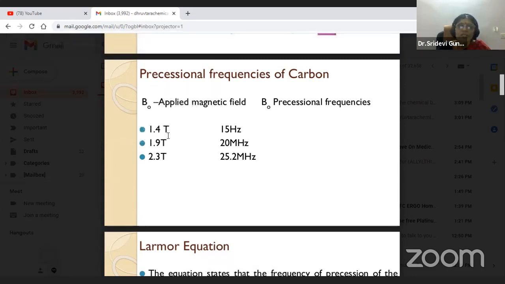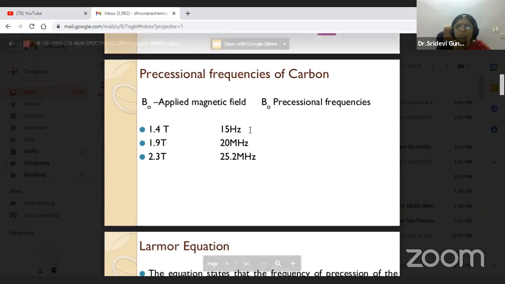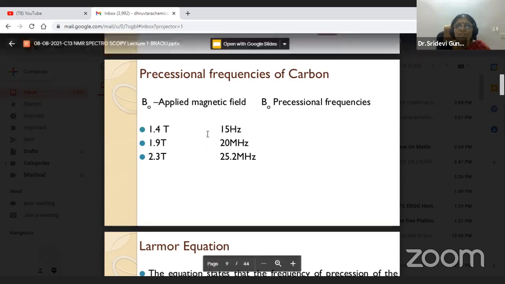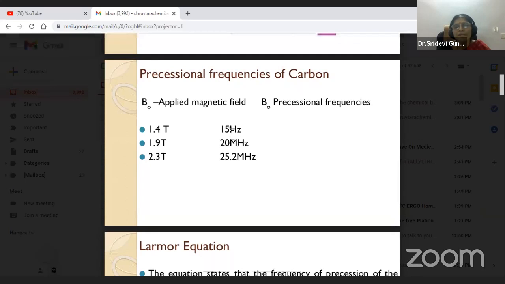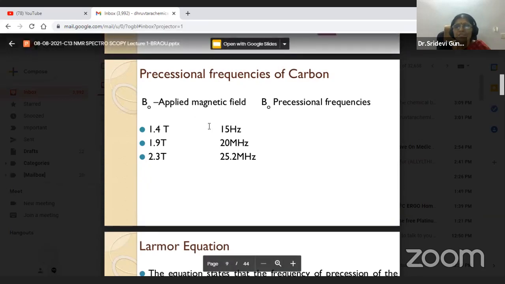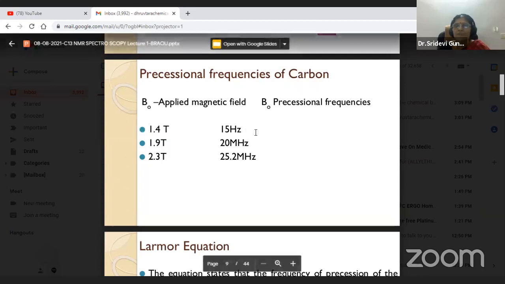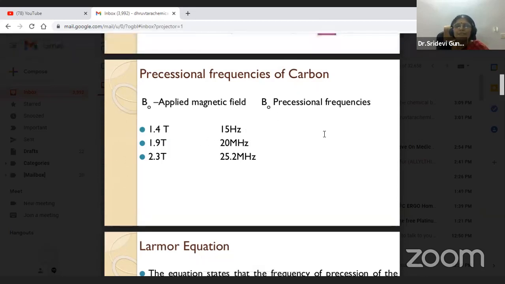Okay. For example, if it is 1.4 Tesla, carbon has got 15 megahertz, not hertz, 15 megahertz. This is also a print mistake. 1.4 Tesla, 15 megahertz precessional frequency it has got. What is the precessional frequency of proton at 1.4 Tesla? You have studied in your first year. It is 60 megahertz.